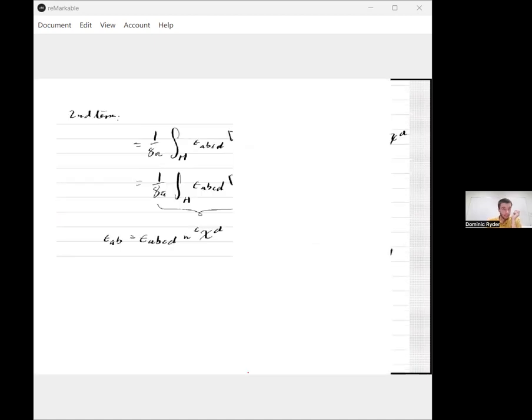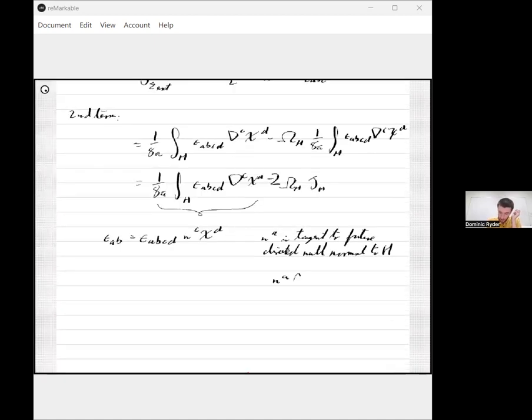And we normalize this so that N^A chi_A equals minus 1. Therefore, epsilon_AB is epsilon_ABCD, the volume form for the whole spacetime, contracted with N^C chi^D.